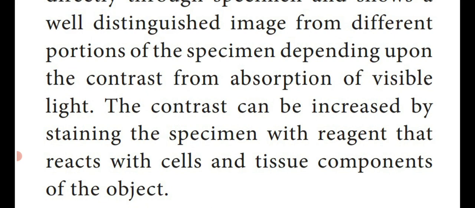So not only the bright light, but also the staining procedure of the object increases the image clarity of what is placed under the microscope. That is said to be the bright light microscope.